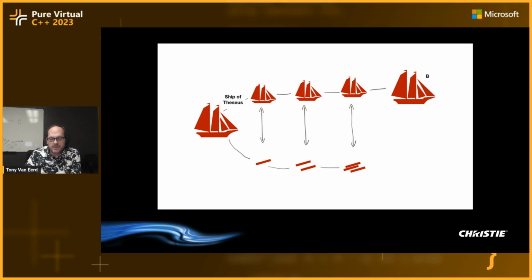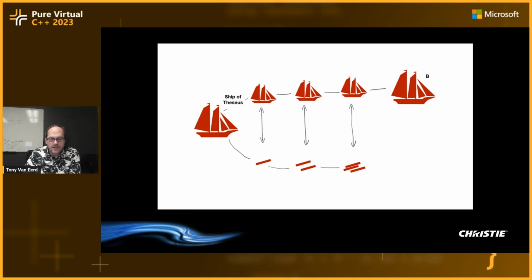If a piece of the ship needed to be replaced, it was replaced, and then the next piece was replaced, and the next piece was replaced, to the point that there's no original ship left. It's all been replaced. And then the question is, is it still the same ship?